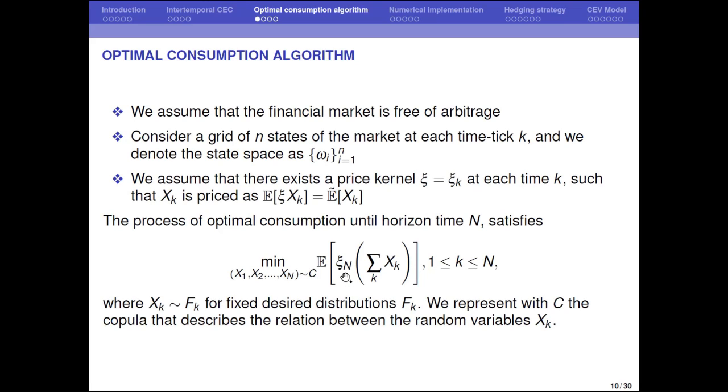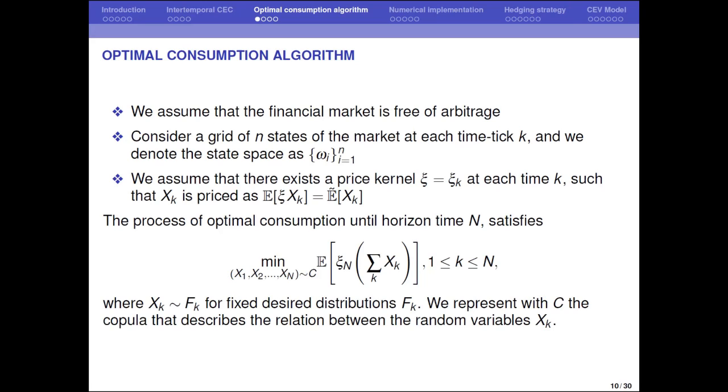So I price that sum with this kernel. So for all possible random vectors, I choose the one that achieves the minimum cost.